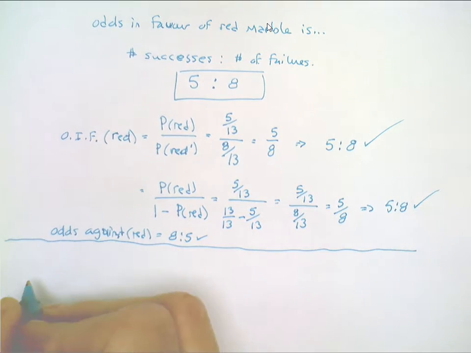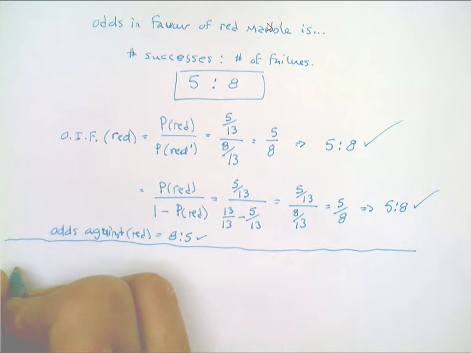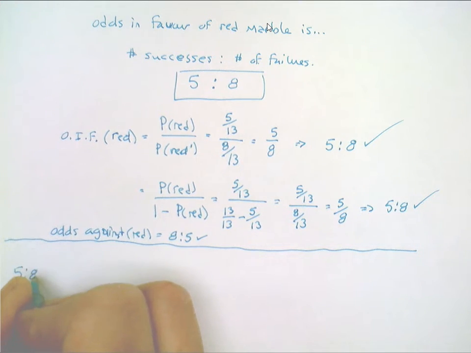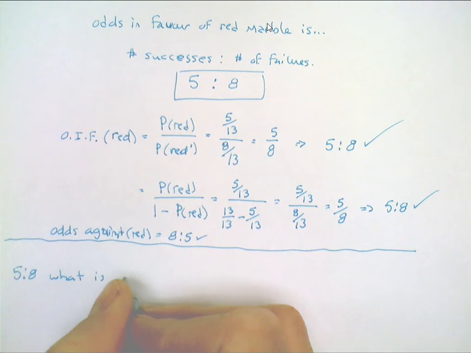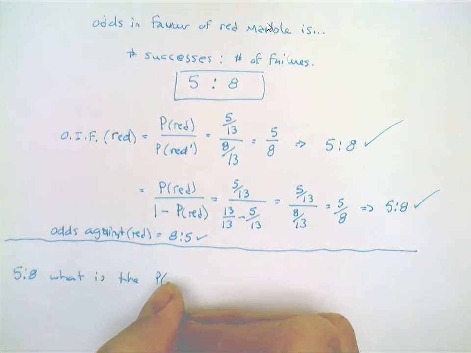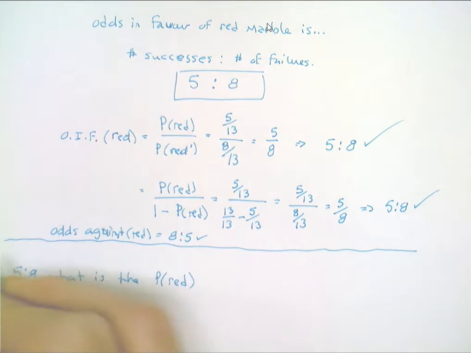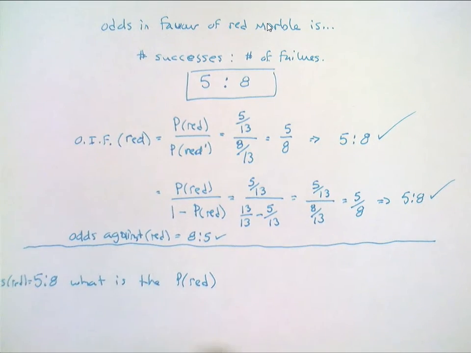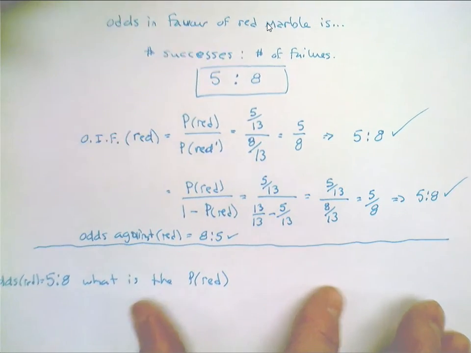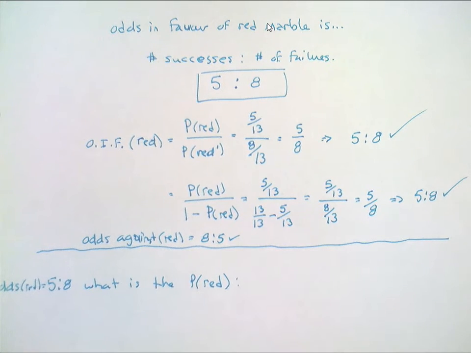So let's say that somebody told you, hey, the odds are 5 to 8. What is the probability of getting red? So let's say the odds to get red is 5 to 8. What is the probability of getting red?